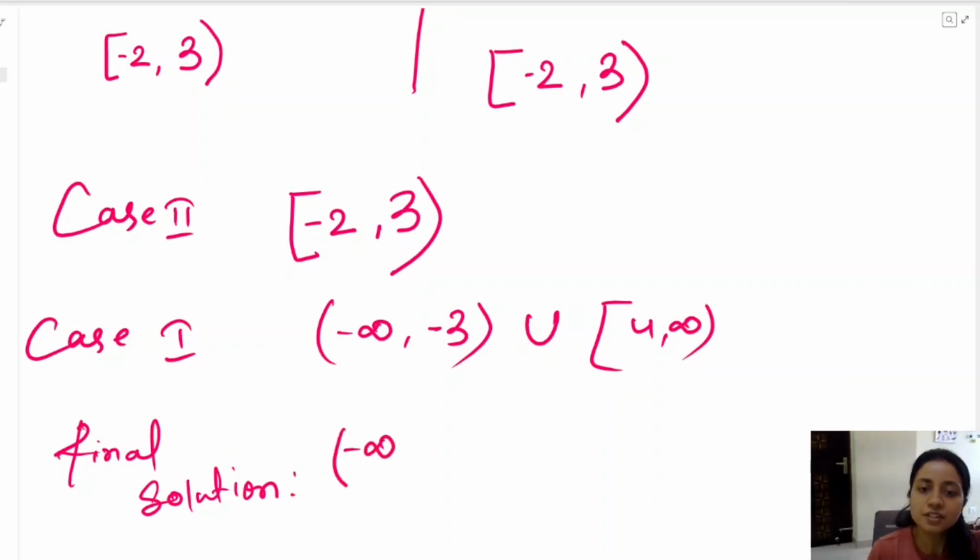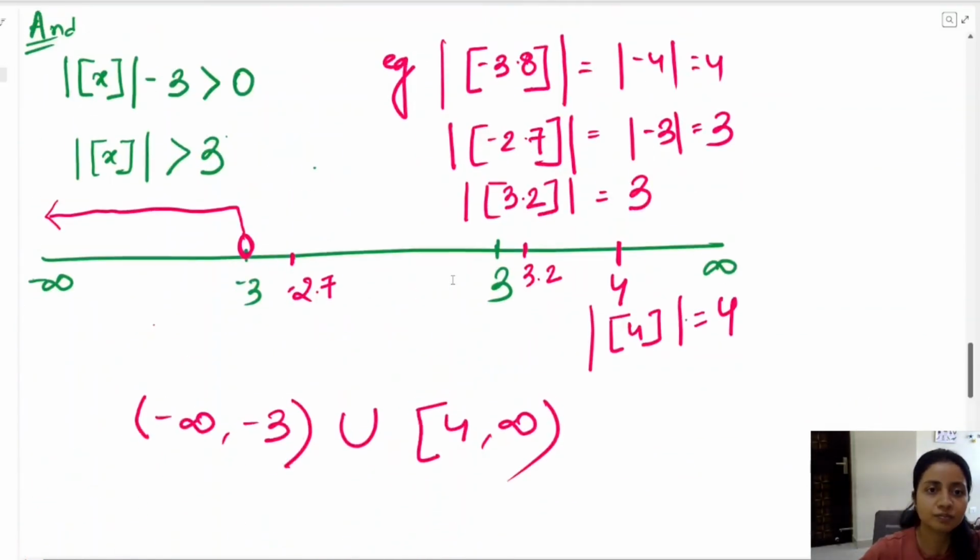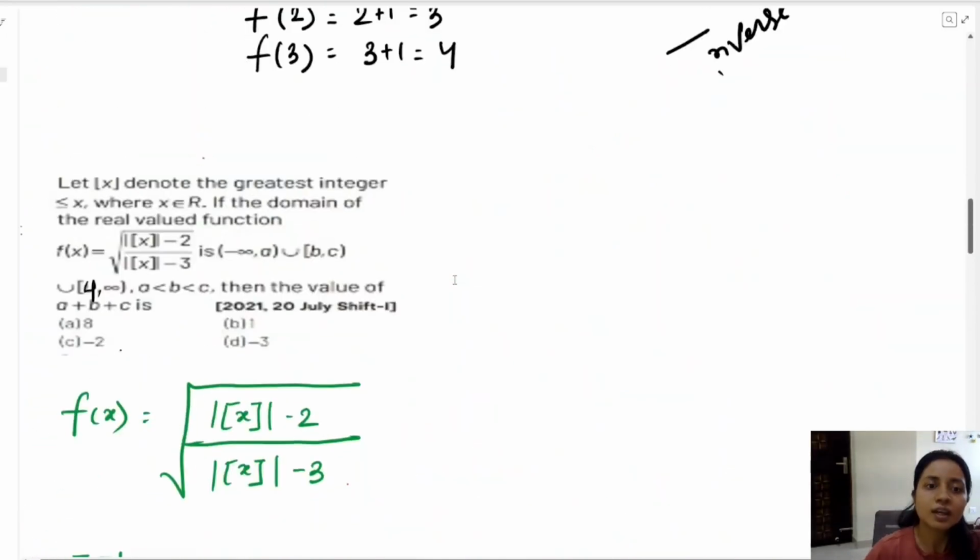So minus infinity to -3 union -2 to 3 union again starts from +4 and will go till infinity. Now if we compare this final solution with the given arrangement, the given arrangement is minus infinity to a union b to c union 4 to infinity.